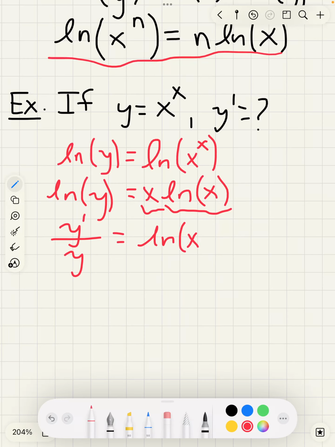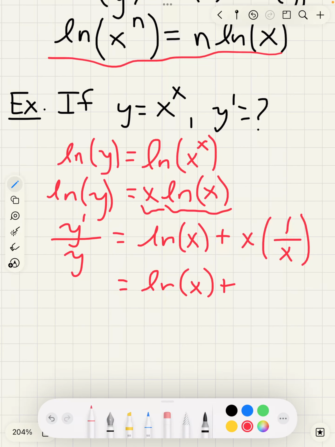And if you remember, natural log of x has the derivative 1 over x. So I end up with natural log of x plus 1 equal to y prime over y.